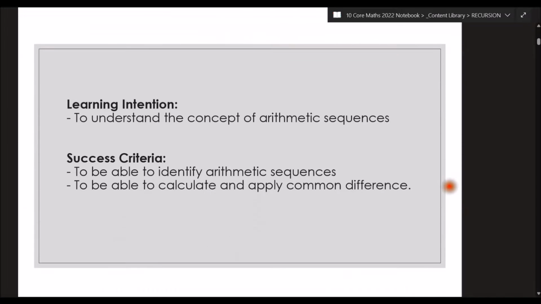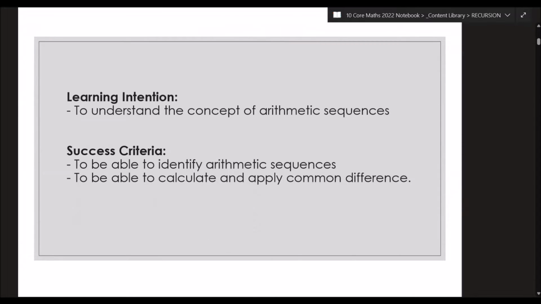So our learning intention for today is to understand the concept of arithmetic sequences. So when we talk about concept, we're talking about what is the idea behind what is an arithmetic sequence. Okay, so main ideas, maybe some elements of what an arithmetic sequence is. Okay, so keyword there as well is the word sequence. Okay, we'll get into what that means shortly.